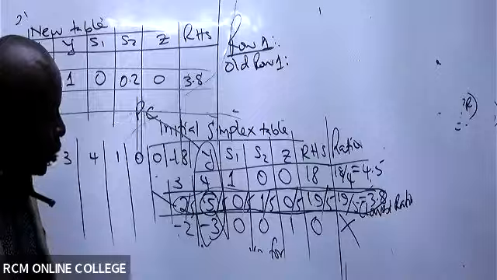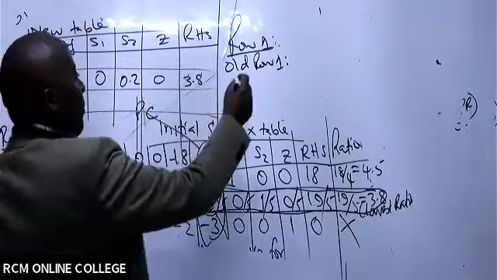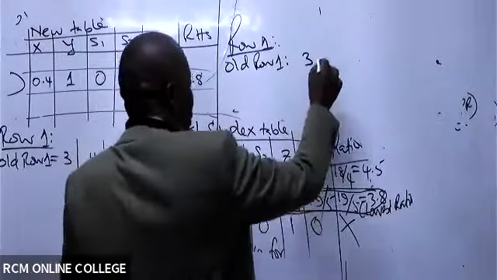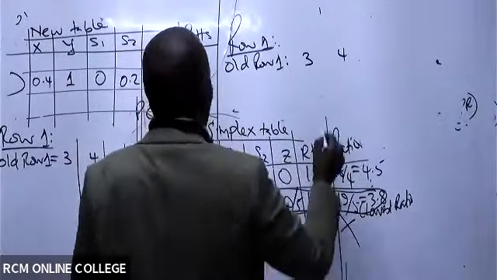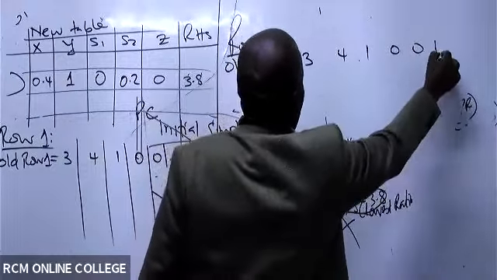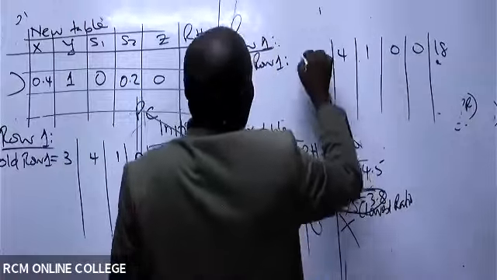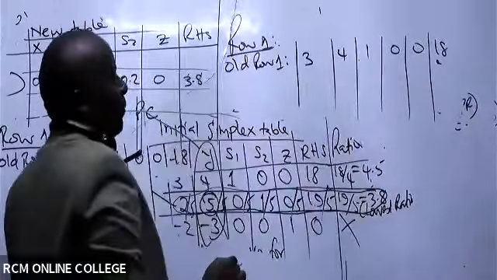We copy these row 1 figures here: 3, 4, 1, 0, 0, and 18. We don't copy the ratios from one table to the other table.